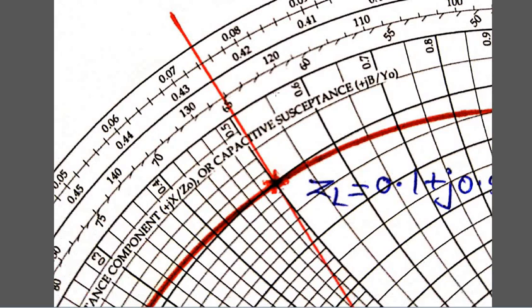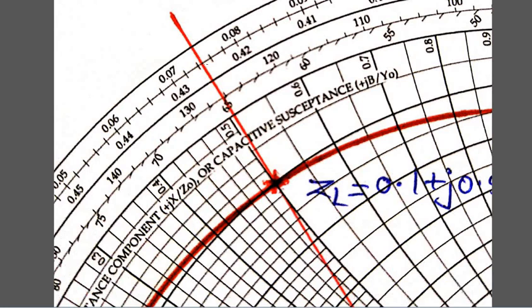If you extend the same line, it will cross that scale. Here this scale you are going to refer to. This is the wavelength at that ZL. What is the value here? From 0.07, and this is also going to be divided into 5 parts. So it will become 0.072, 0.074, 0.075.